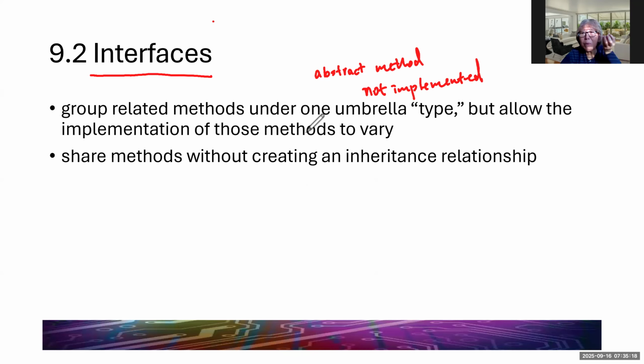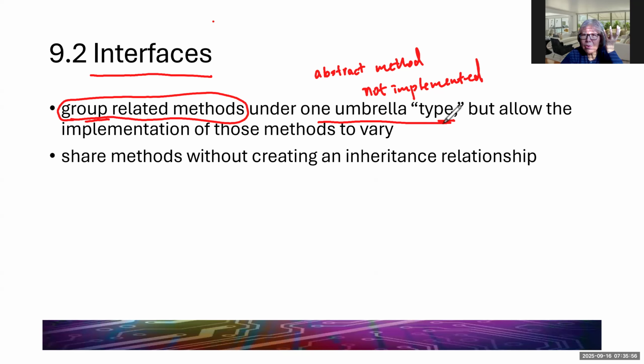Generally speaking, when we have a class, it represents a category of objects, so they share some common properties, features, and behaviors. But in the real world, a lot of the time, you also want to group related methods under one umbrella type.